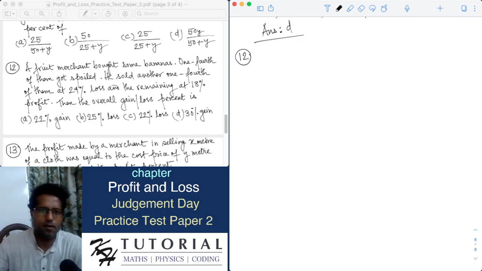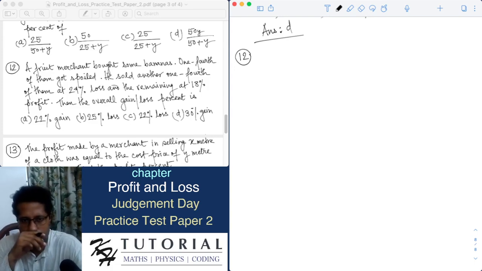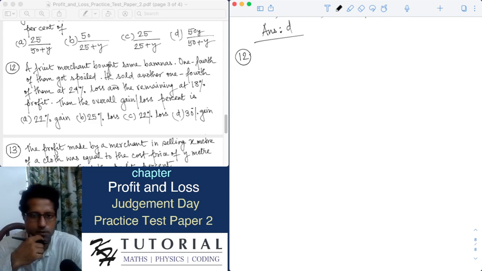Let's say some bananas, 1/4 of them got spoiled. He sold another 1/4 of them. Of them means the remaining. 1/4 got spoiled, so 3/4 is remaining, which are good.